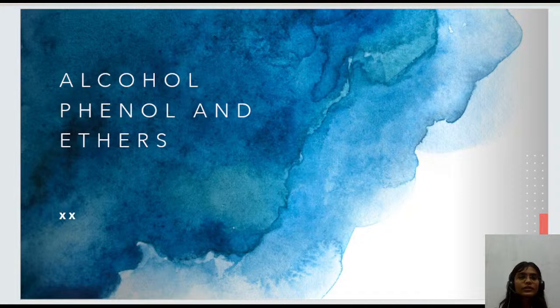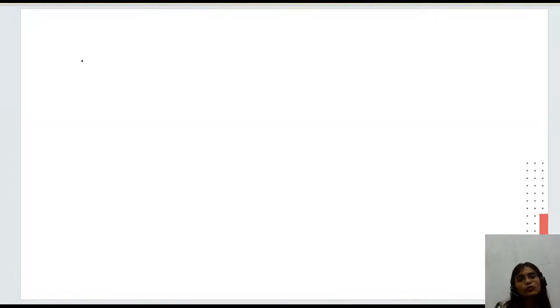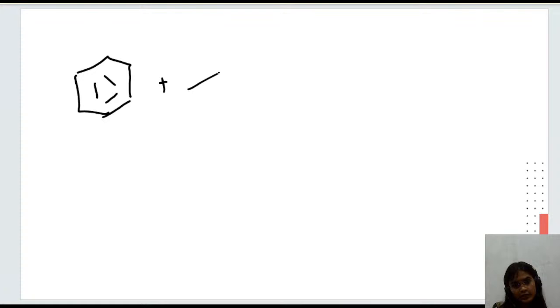In the previous class, we discussed the last topic, the cumene preparation. It means that you will be having benzene simply, and then we are adding this thing, and then an electrophilic substitution reaction is going to take place.